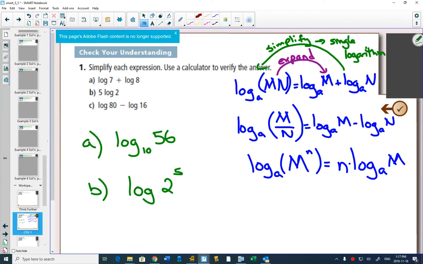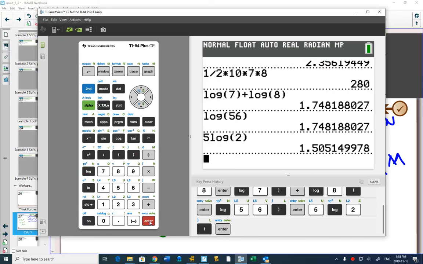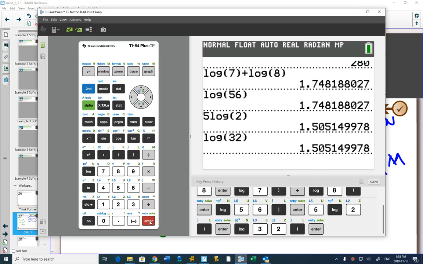So that 5 out in front, multiplying, is the same as an exponent, or having a power. So we can write that as log 2 to the 5 if you wanted to. 2 to the 5 is 32. And again, you could check this on your calculator. Is 5 log 2 the same as log 32? Sure enough, they're exactly the same numbers.